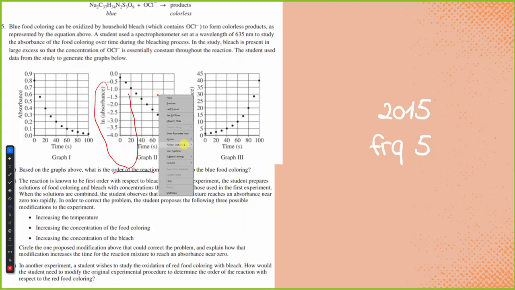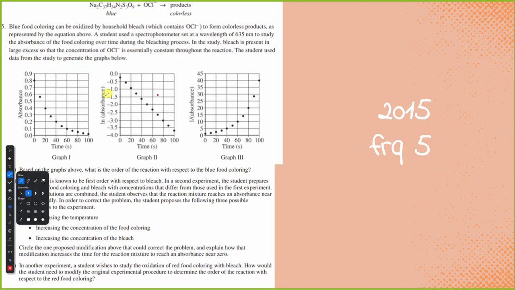That one is going to be straight linear. So anyways, this one right here is the linear relationship. ln of absorbance versus time graph is a linear relationship, and therefore it's going to be first order.